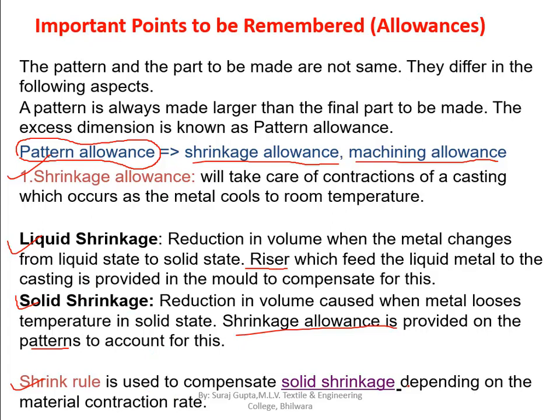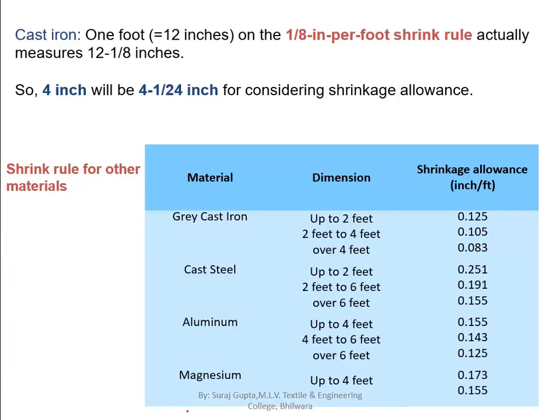The shrink rule is used to compensate solid shrinkage depending on the material contraction rate. It is different for different materials. So for example, we are taking the example of cast iron. Just see what is 1 foot. 1 foot is 12 inches, and the shrink rule is 1 by 8 inch per foot.